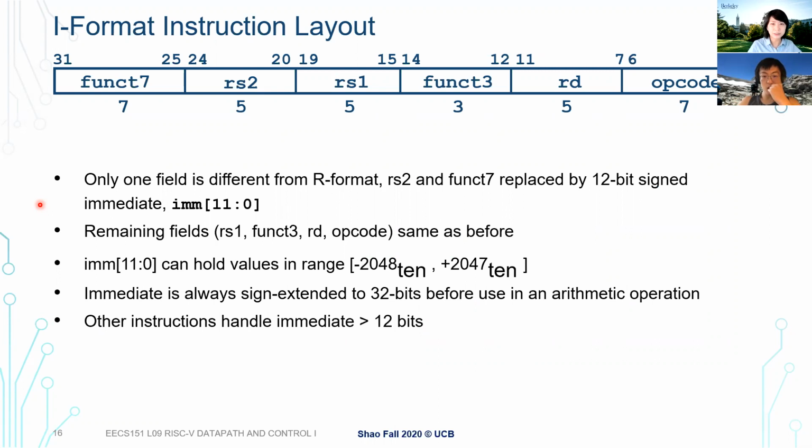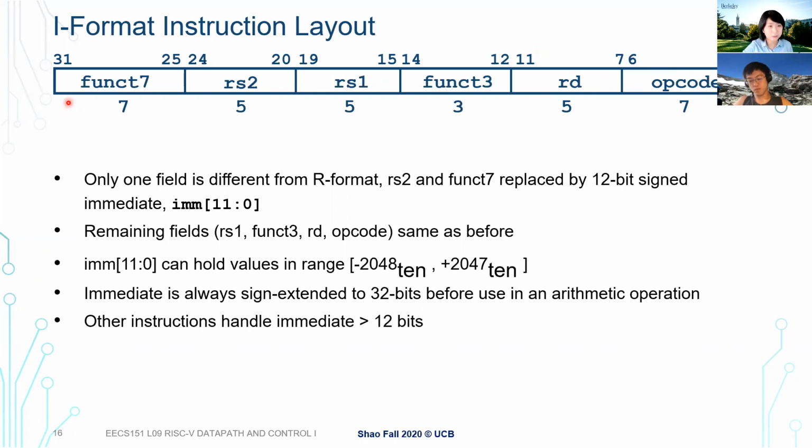This is the format that we just saw earlier, the R-type instruction: three fields to specify two source registers and a destination register, and opcode, func3 and func7 in different combinations to specify different functionality. Here, as the name suggests, we want to encode an immediate, or constant, to support that functionality.